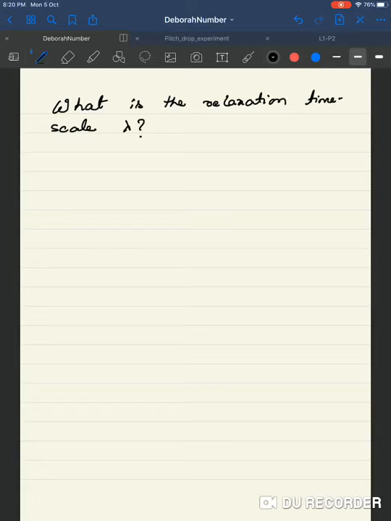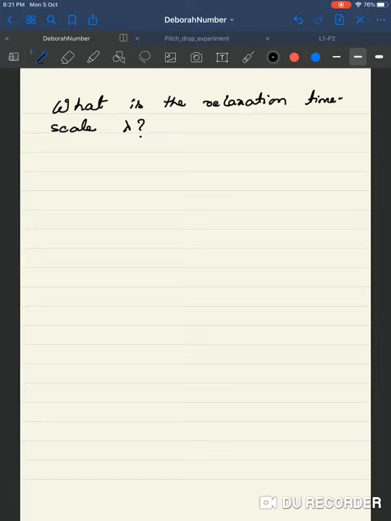Now, relaxation timescale can be understood in many different ways, and all the ways are actually equivalent. But there is one intuitive way of understanding, and that is through the stress relaxation phenomena.